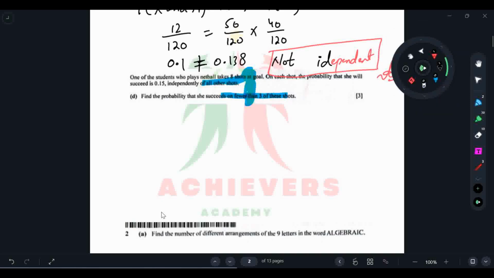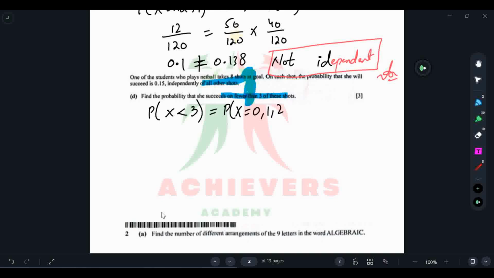Now this one is again a question of probability. Fewer than 3 means probability of X less than 3, which means the probability of X equals 0, 1 and 2. Now we know the probability of success p is 0.15.